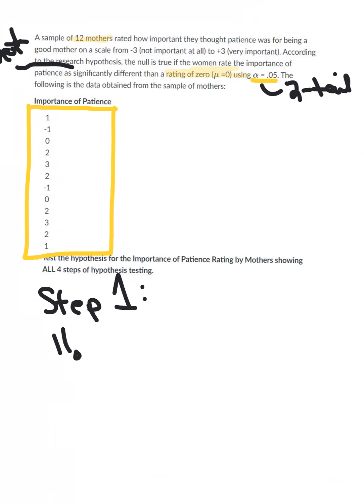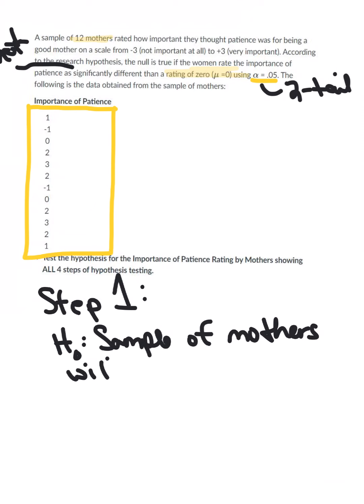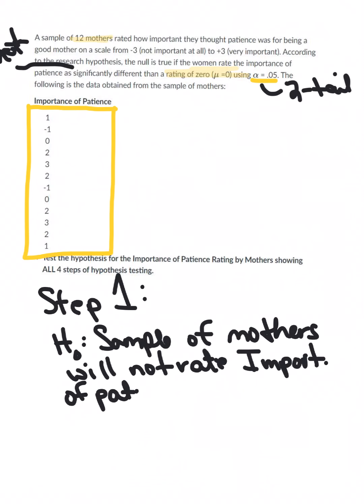So we know the null is basically the sample of mothers, and we can just basically regurgitate what's up there, will not rate the importance of patience as significantly different than 0.